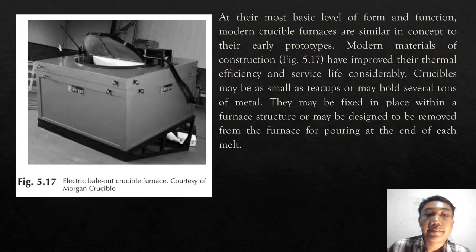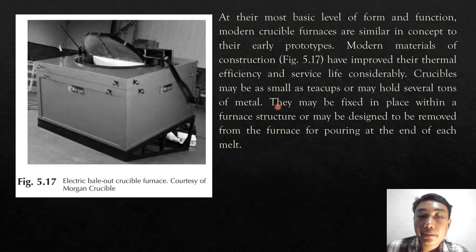The next: at their most basic level, crucible furnaces are similar in concept to their early prototypes. Modern materials of construction, Figure 5.17, have improved their thermal efficiency and service life considerably.